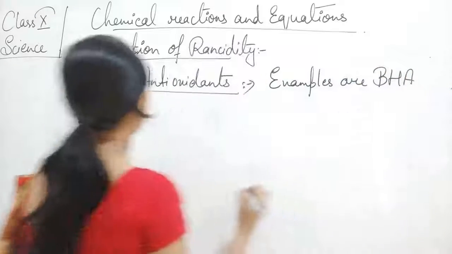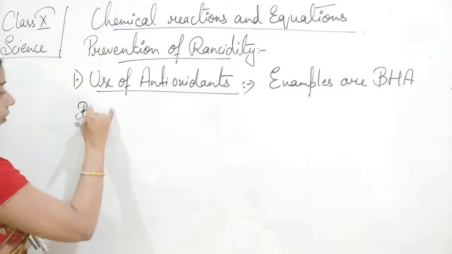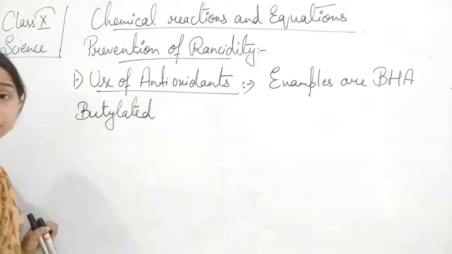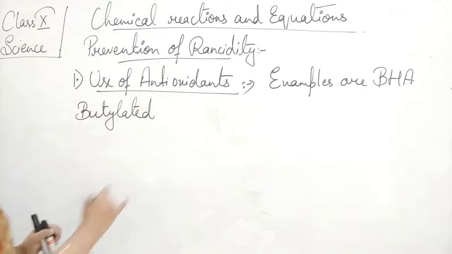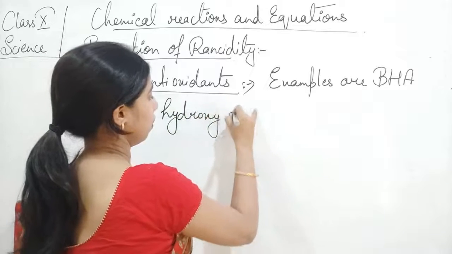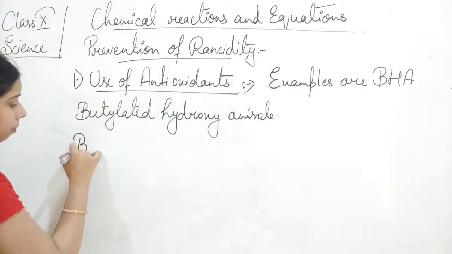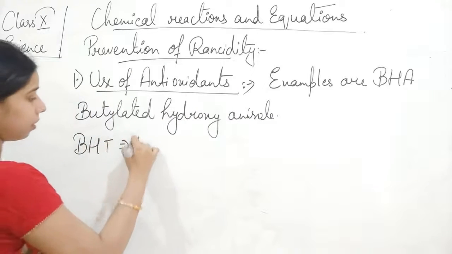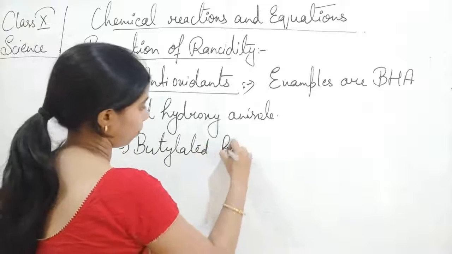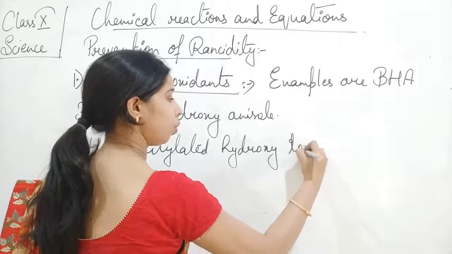Okay. So, examples are BHA, which is also called butylated hydroxy anisole, and the next one is BHT, that is butylated hydroxy toluene.